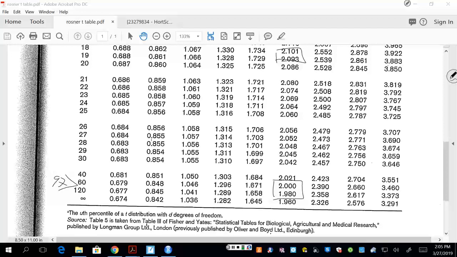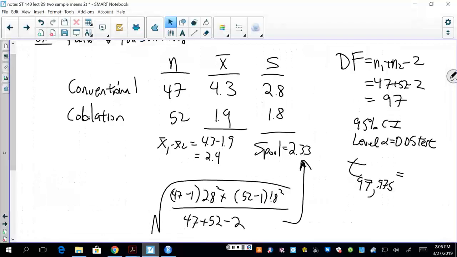It's at 1.98. If you use 1.99, that's going to be close enough. You could use 2 if you wanted to be conservative, but 1.99 is going to be accurate enough. So that value is 1.99.